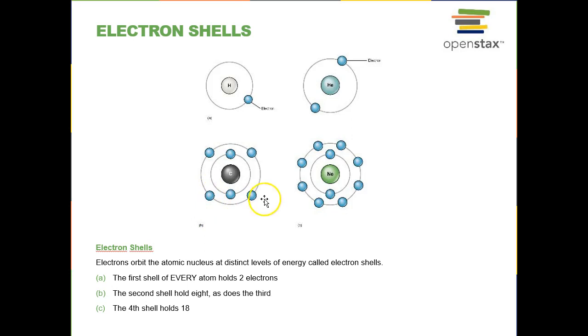So here is carbon with 4 in its outer ring, and neon has 8. Its outer energy shell is full. The third shell, if we put another one around neon, would also hold 8. If we added a 4th shell, that would hold 18.